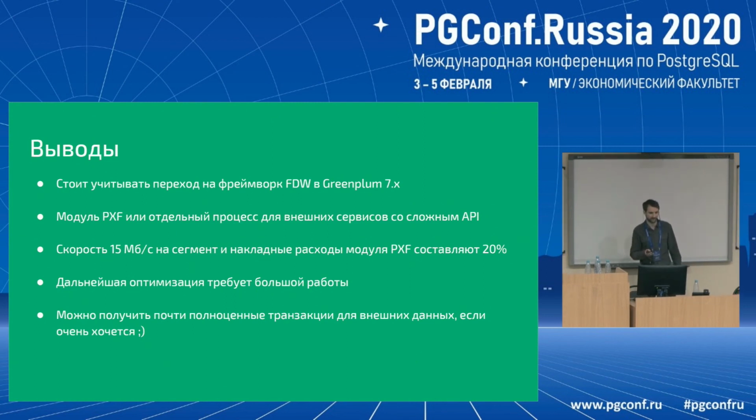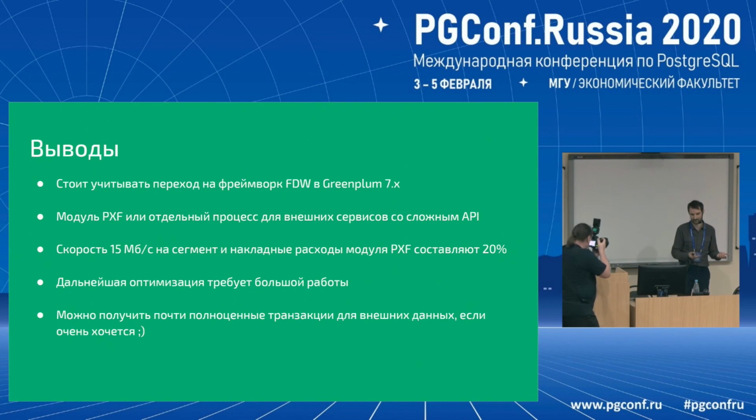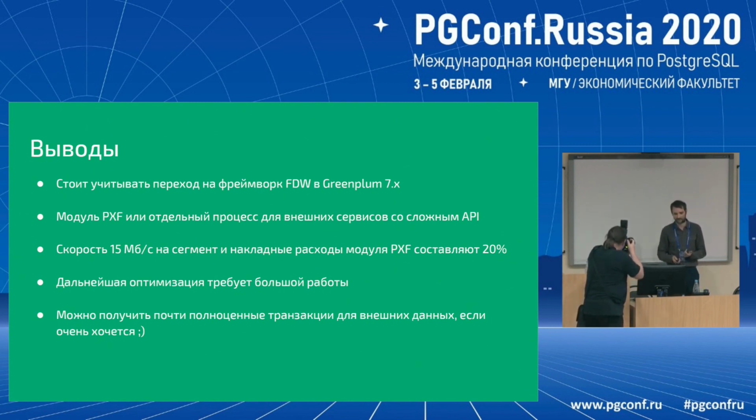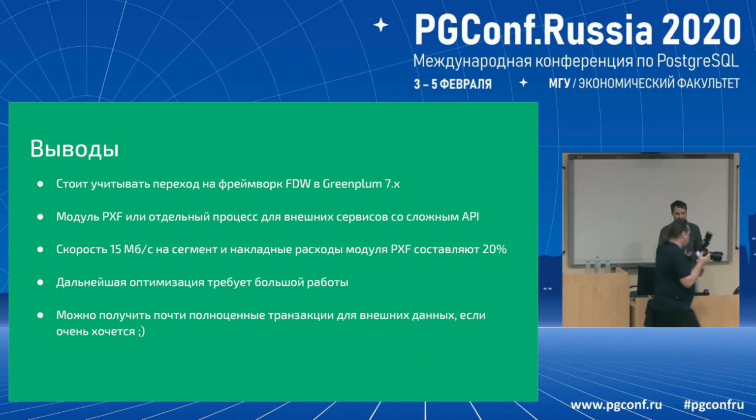The PXF module is worth using if you have external services, or you are using Java services, or you have a Java-based client. As far as speed is concerned, a Postgres instance can get data at the speed of 15 megabytes per second. At least it was our result. And overhead using PXF is 20% if you're not doing any additional conversions.